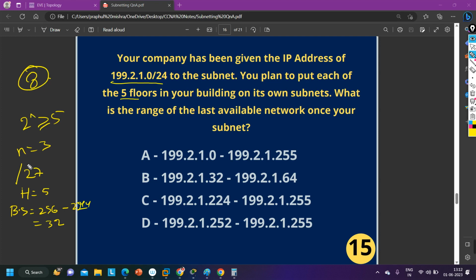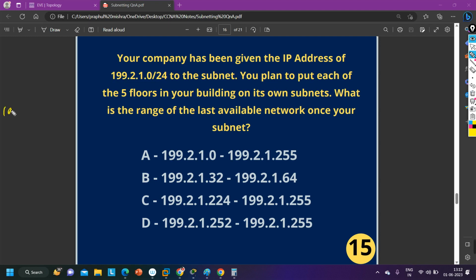So it is asking the range of the last network. My first network will be 192.2.1.0, then 1.32, then 1.64, then 1.96, then 1.128, then 1.128 plus 32 will be 160, then 160 plus 32 is 192, then 224, and the last one is plus 32, it will be 256, so 224.